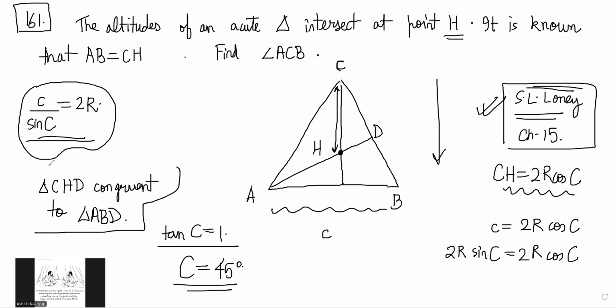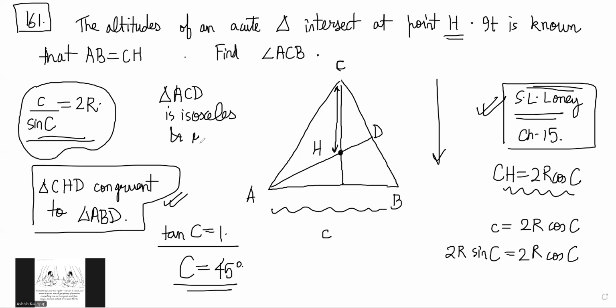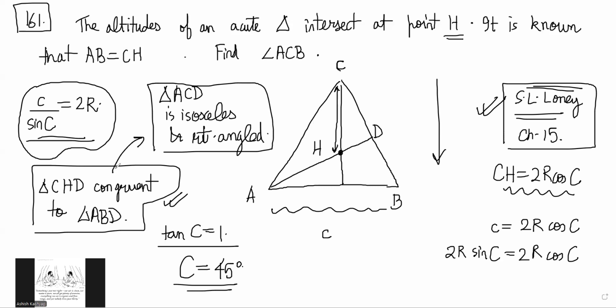If you do that, you will get that triangle ACD is isosceles and right angle triangle. That is a pure geometry proof. If you do these two steps, you will get the pure geometry proof. But the easiest way to do it is by trigonometry.